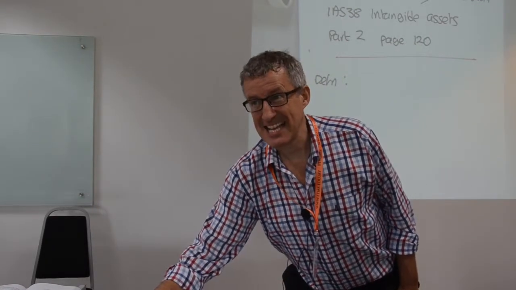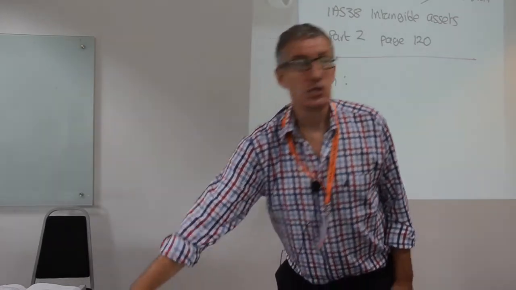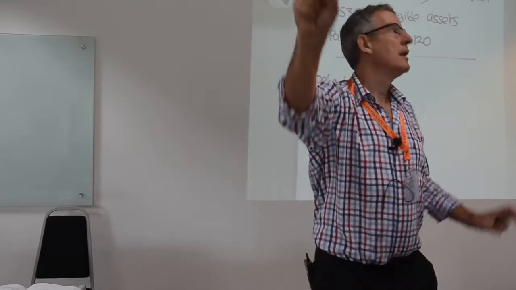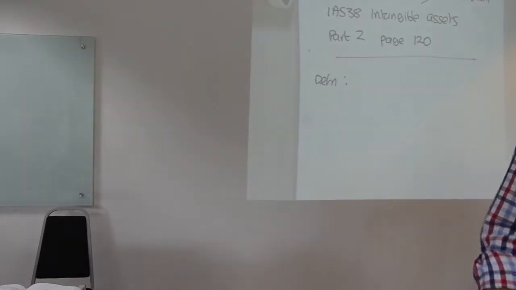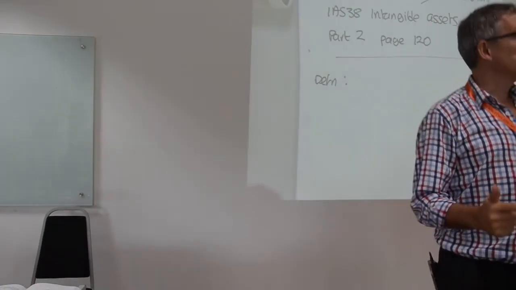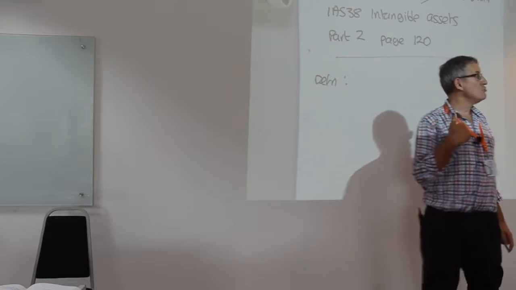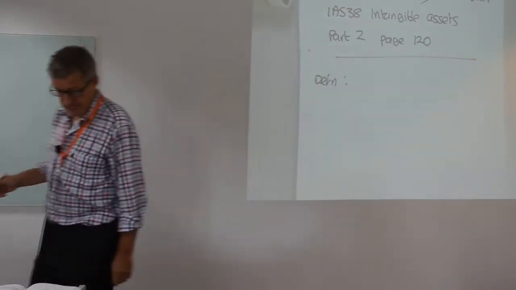A table is a tangible asset, isn't it? It has a physical presence. So an intangible asset is something you can't see and you can't touch. But it's identifiable. So it's an identifiable, non-monetary asset without a physical presence.